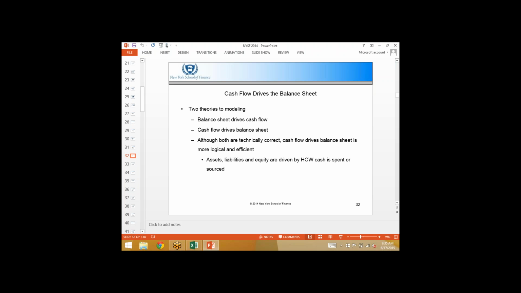The question is, let's say you had a model that had the income statement and the balance sheet, and you're trying to figure out what the cash flow statement is, right? So you're deciding to back into the cash flow statement instead of doing it the other way. What does this mean for CapEx or depreciation? If you know you had an increase of PP&E from 1,000 to 1,500, what could that mean?